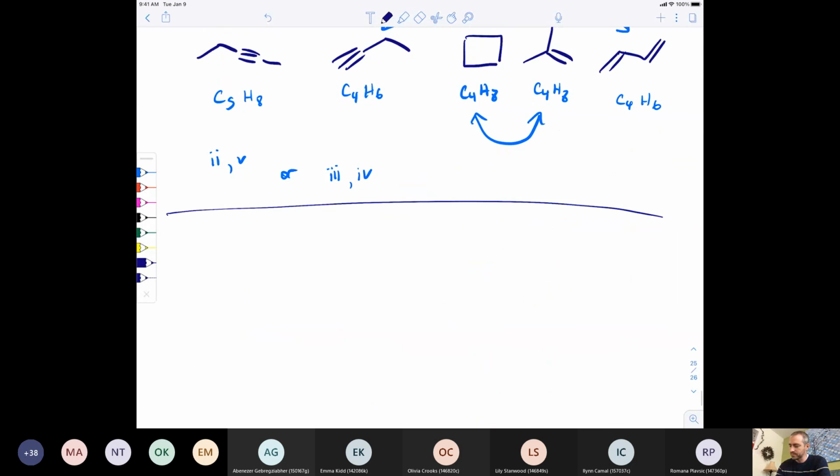Question 16. Which reactions would yield a meso compound? This 2-butene with H2, Ni, same molecule, Br2.